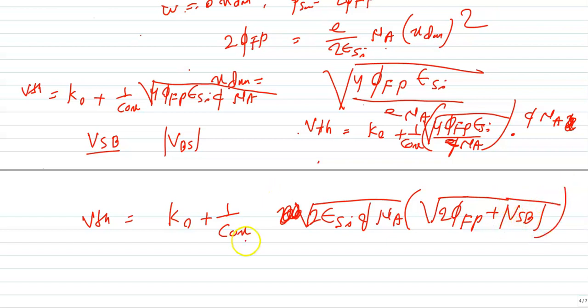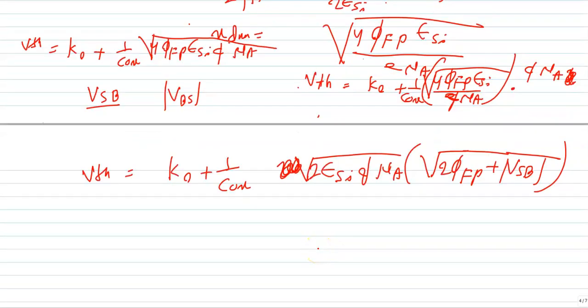This is the dependency of threshold voltage on all the other factors, including the substrate and the source and bulk voltage.